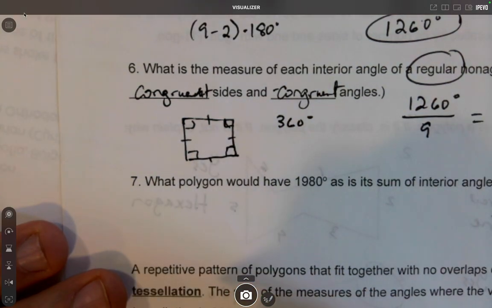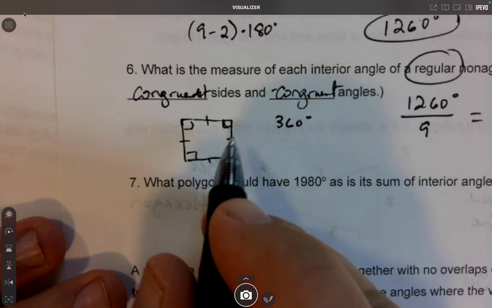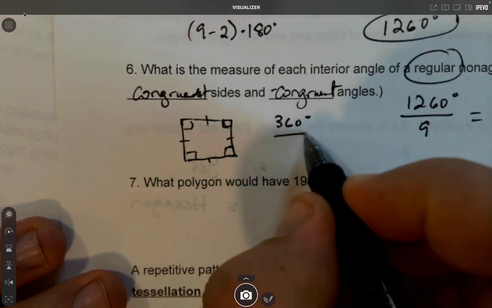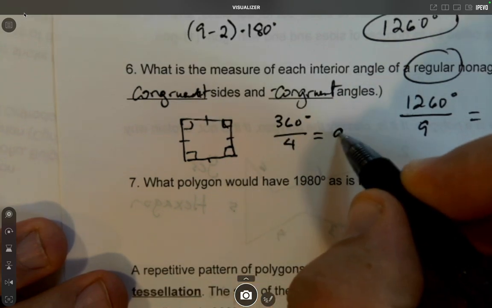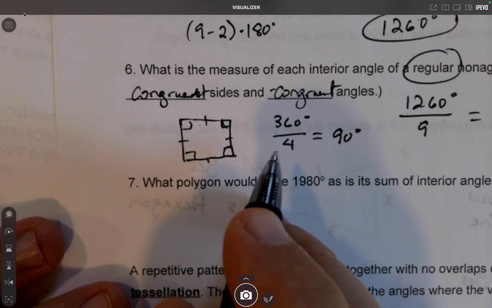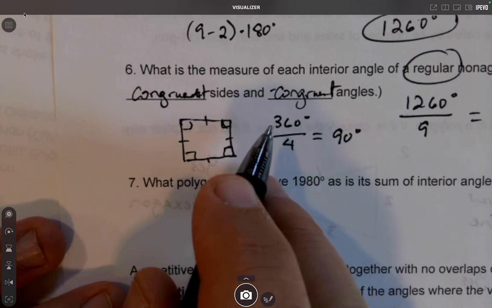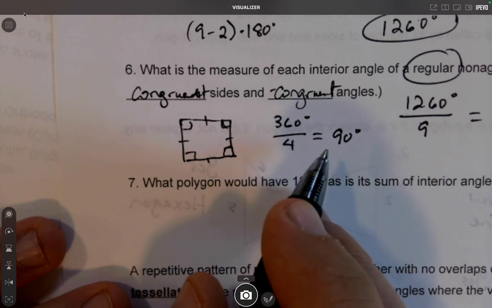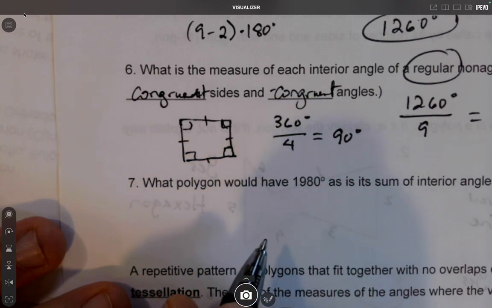All 4 of those angles add up to 360. If we know it's regular, if we know all 4 of the angles are the same, we could divide the total by 4 and find out that each of them is 90 degrees. So the idea is that if it's regular, you can take the total and divide by the number of angles you have to figure out what each angle is equal to.